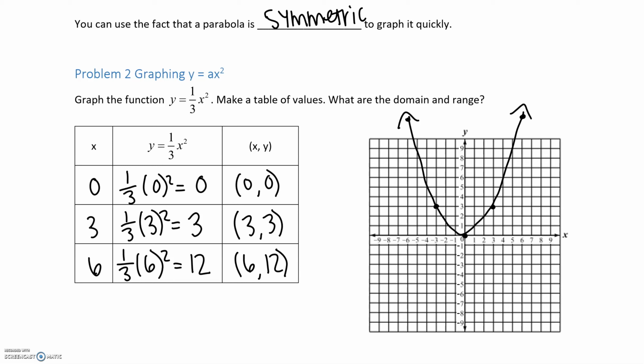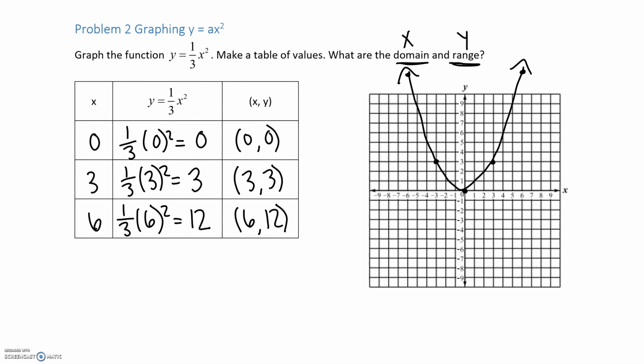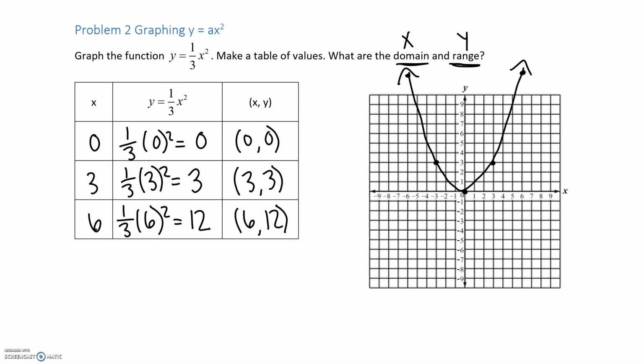Okay, so one thing we want to know is what our domain and what our range is. If we remember from last semester, our domain is all of our x values and our range is all of our y values. So for a parabola, our domain will always be all real numbers, because that U is just going to keep expanding as it goes further.